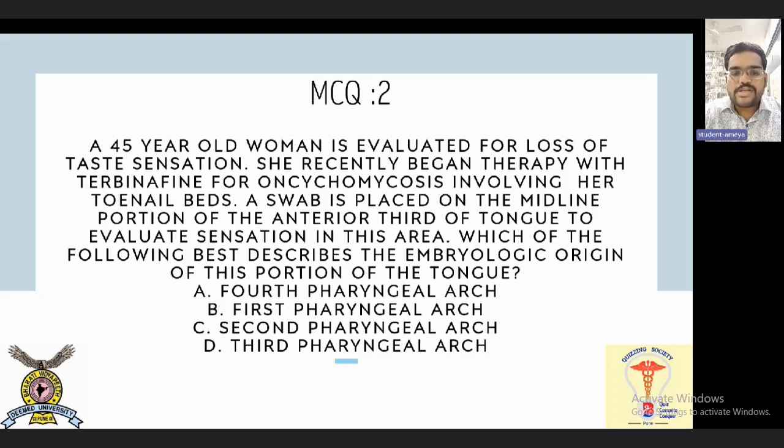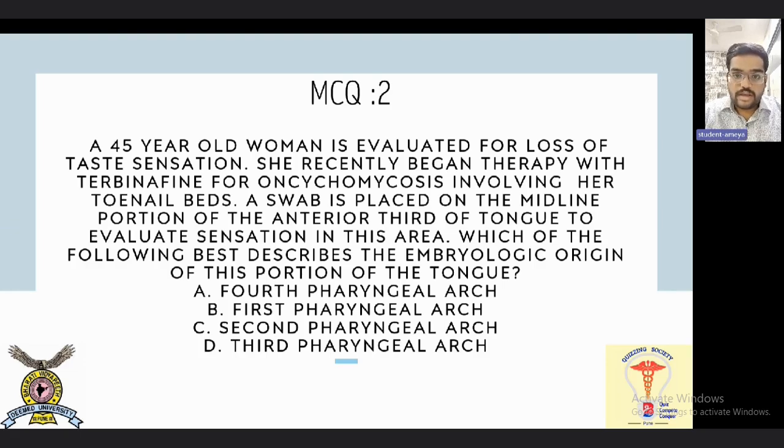Because they have asked you the embryologic origin, the embryologic origin is slightly different. The anterior part of tongue is responsible for taste. Agreed. Taste prominently from the anterior two-thirds of tongue.